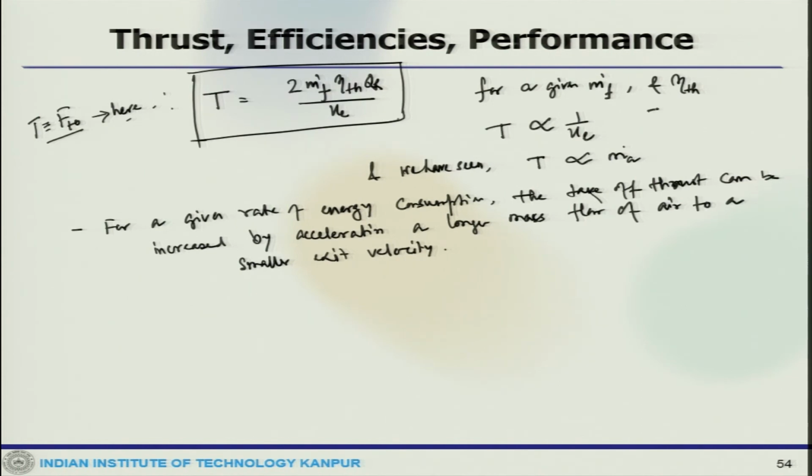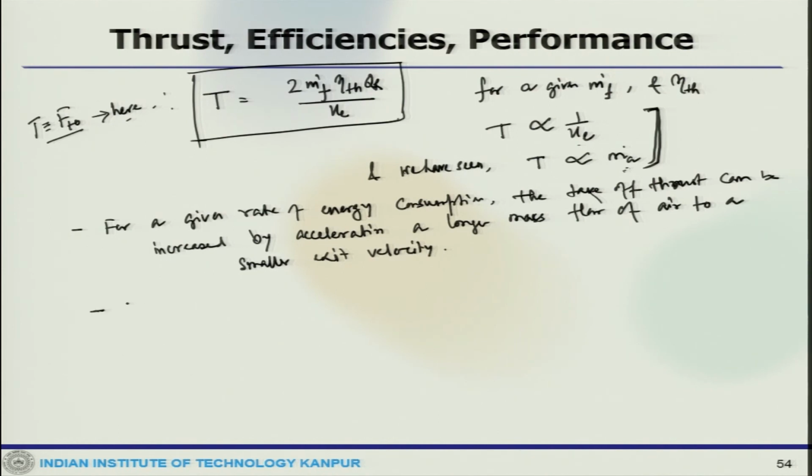That means, if you club these two clauses together, either we can increase m dot A, and once we do that, takeoff thrust could be increased, with a larger mass flow rate and smaller exit velocity. That means, when the engine is starting off, during takeoff of the aircraft, this velocity may be small, but with larger mass flow rate the takeoff thrust can be higher.